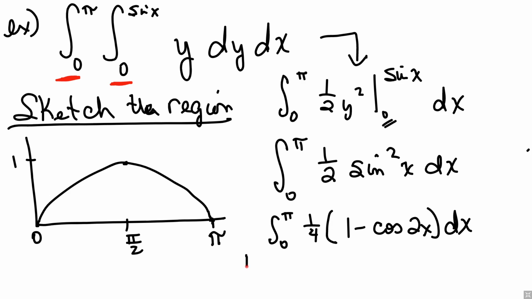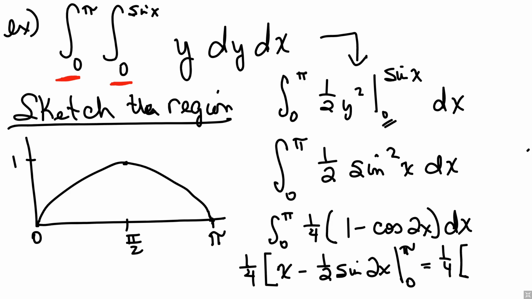We have 1/4 times x minus 1/2 sine 2x, evaluated from 0 to pi. If we plug in 0, we get 0, so we don't need to worry about that. If we plug in pi, the first term is pi and the second term is 0. So we end up with pi over 4.